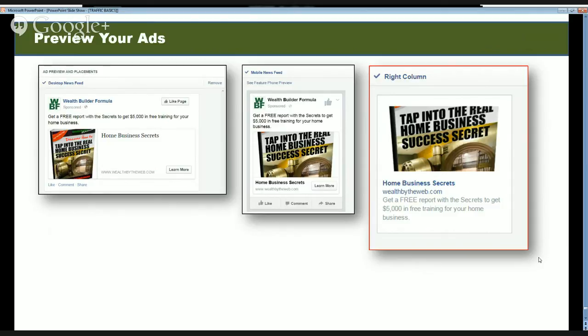The thing you're going to focus on is the one on the right, called the right column ad. That's what your ad is going to look like. And that's the basics of setting up a simple Facebook advertising campaign that will probably give you all the leads that you want to have.